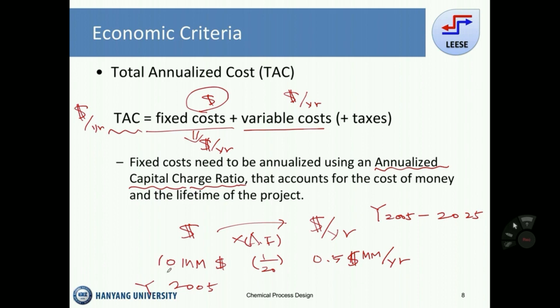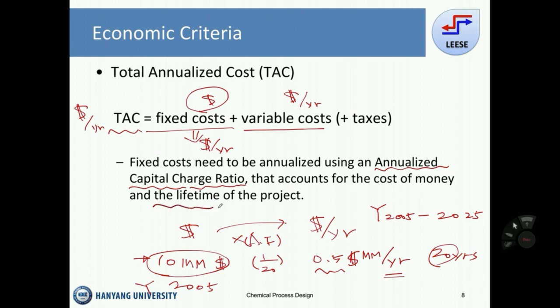So in the beginning, in 2005, we bought the heat exchanger for $10 million, but we will consider it annually for the next 20 years at $0.5 million. Every year we take 0.5 million; for the next 20 years, it will be 10 million equivalent, okay?